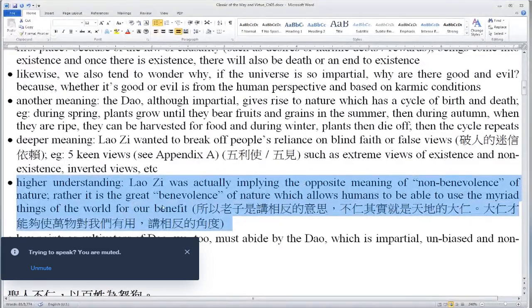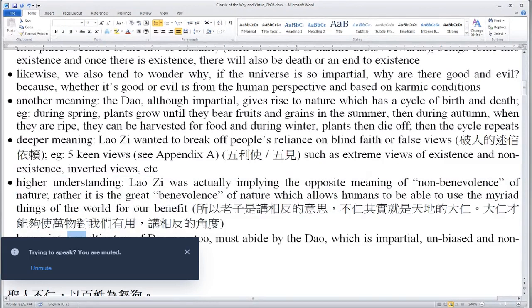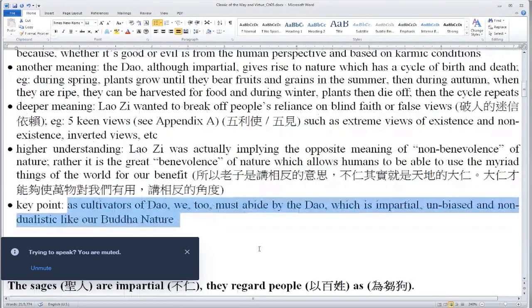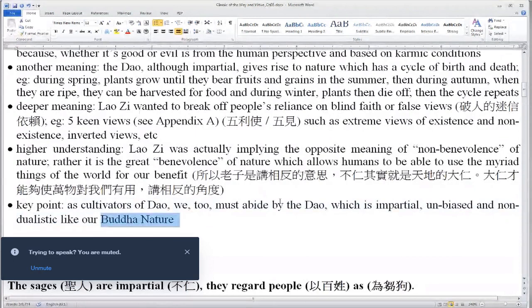Rather, it is the great benevolence of nature which allows humans to use the myriad things of the world for our benefit. So the key point is, as cultivators of Tao, we must abide by Tao, which is impartial, unbiased, non-dualistic, like our Buddha nature. That's the thing to rely on, not on blind faith or views.